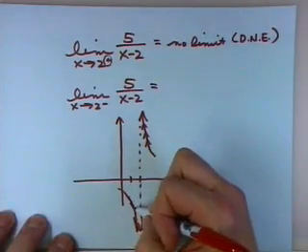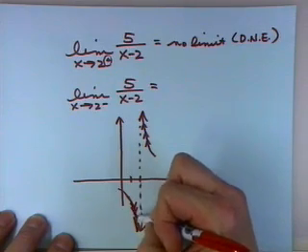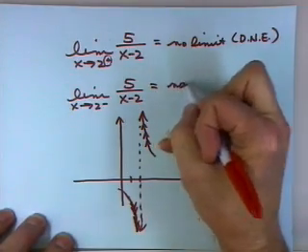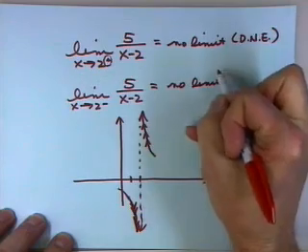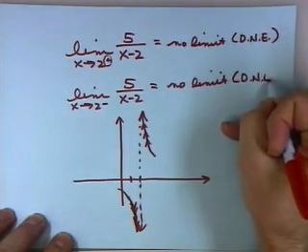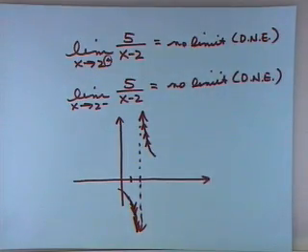Other side, coming in from the left, again, no limit or does not exist. If you can't give a single number for an answer, then there isn't an answer.